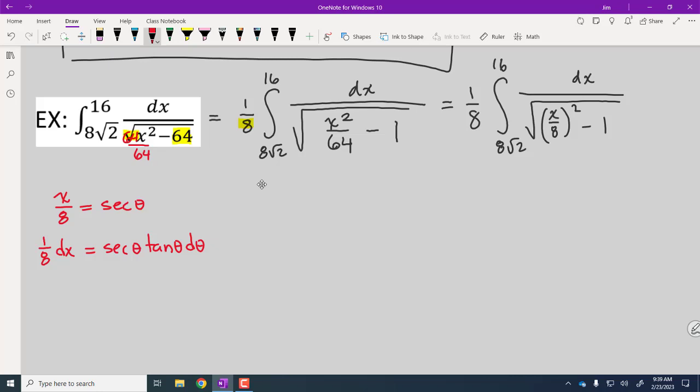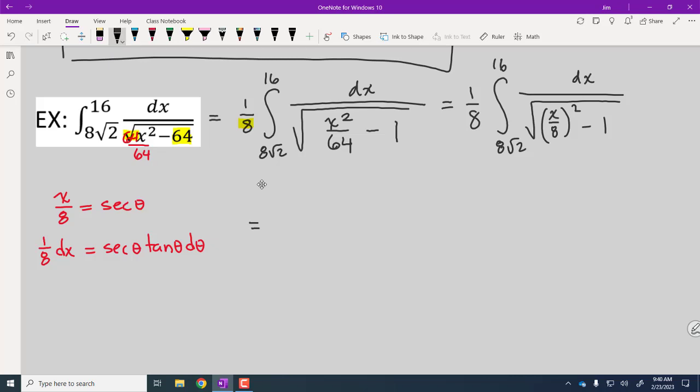So that would be the substitution. And so again, it just so happens that if you have differences in sums of squares, trig sub works very, very well. And sums and differences of squares show up a lot.